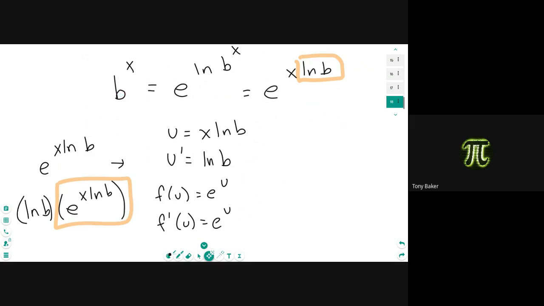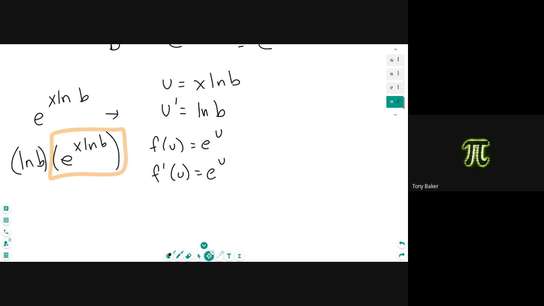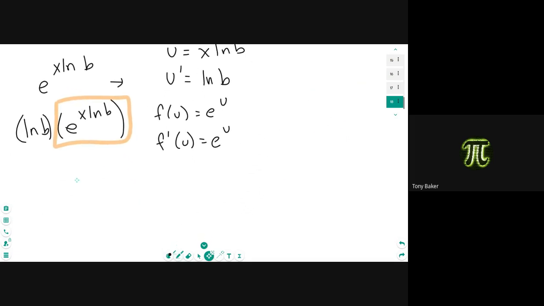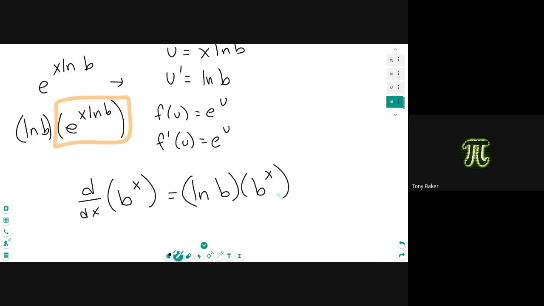That's b to the x, right? So the derivative of b to the x equals ln of b, actually, let me put that at the end, times b to the x. That's the rule for any exponential function.